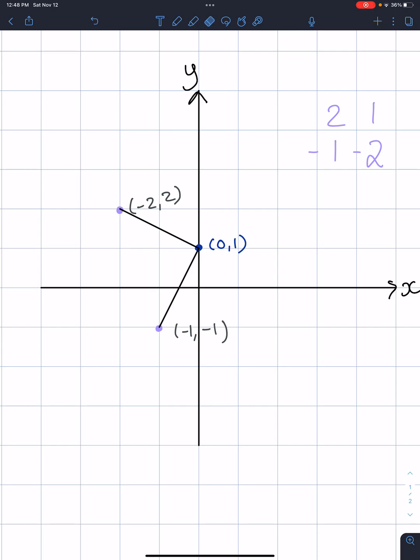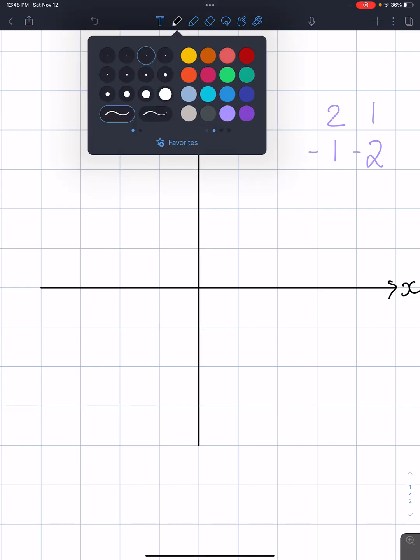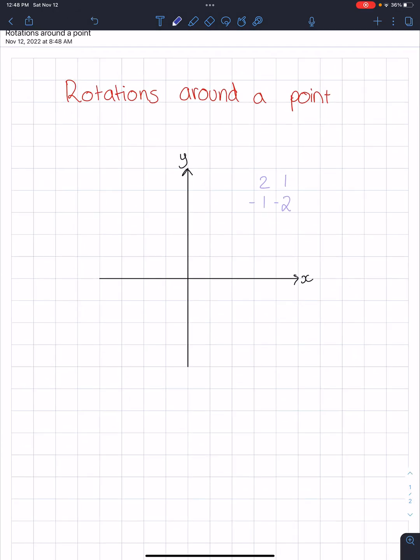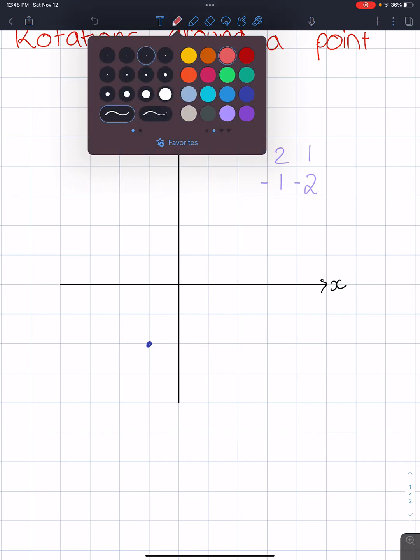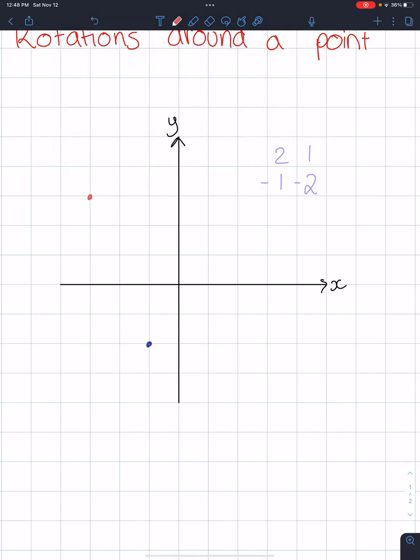So let's say that 0, 1 changed. Alright, so let's remove all of this, because if our origin changes, our entire rotation will change. So let's say our origin is now maybe over here, and I want to rotate this value.